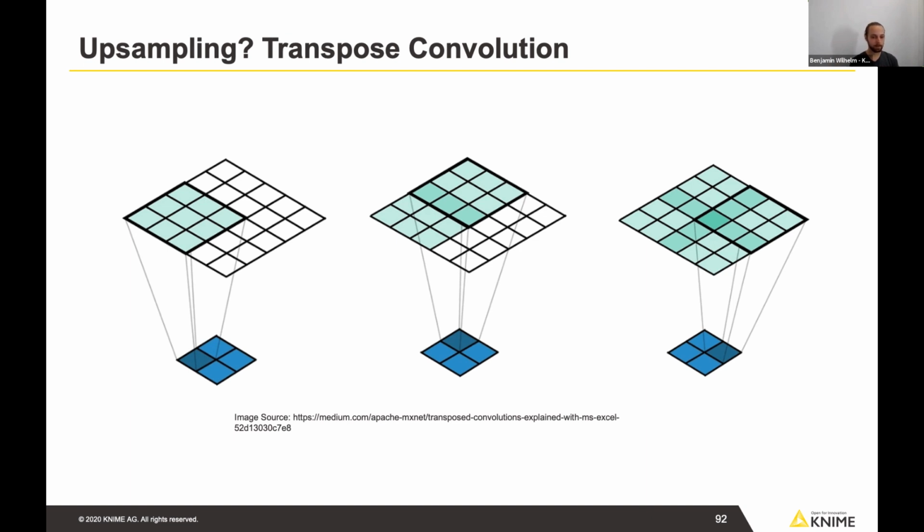Remember, for the usual convolution, we had a patch in the input image and just one pixel in the output image. This time, we have just one pixel in the input image and the patch in the output image. So it's the other way around. And then we move our kernel, in this case, by 2 pixels to increase the resolution, and do this again for the next input pixel, and so on. And then we add up the values and arrive at our output image.